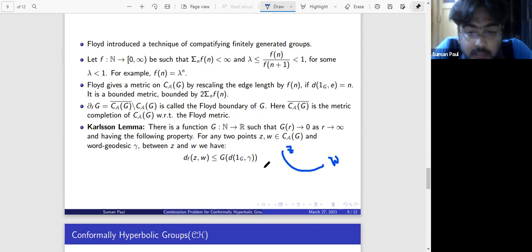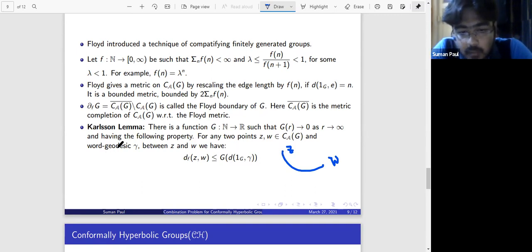What does geodesic mean here? We are considering the usual Cayley graph metric, which is called the word metric, where the length of each edge is 1.